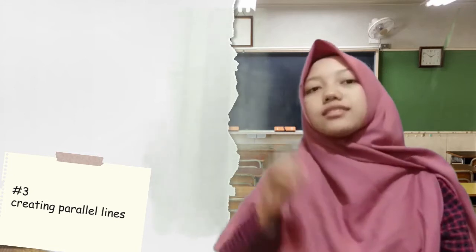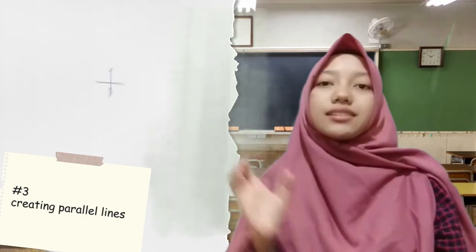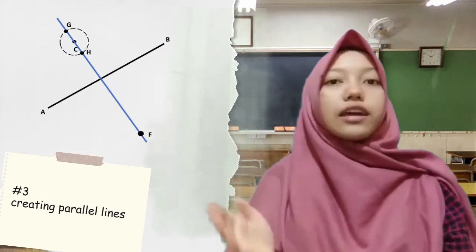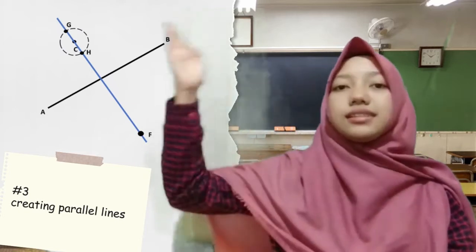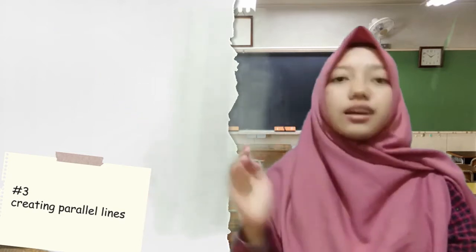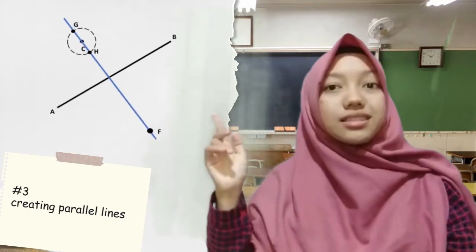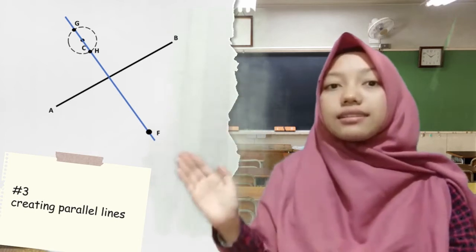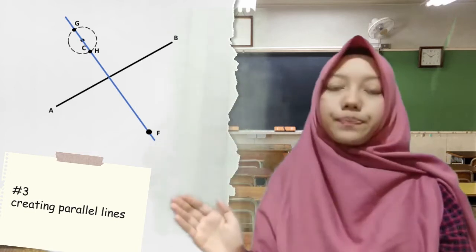Number 1, draw a circle with center point C intersecting line CF at two points, namely G and H. Number 2, draw another circle with center point G and a radius longer than segment GC.